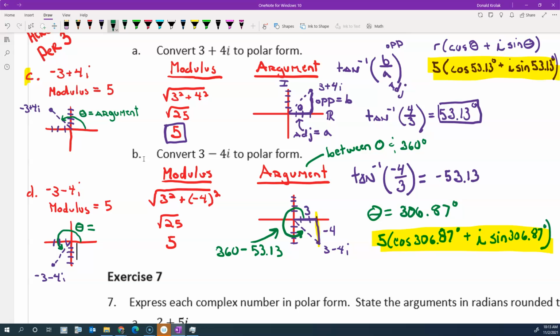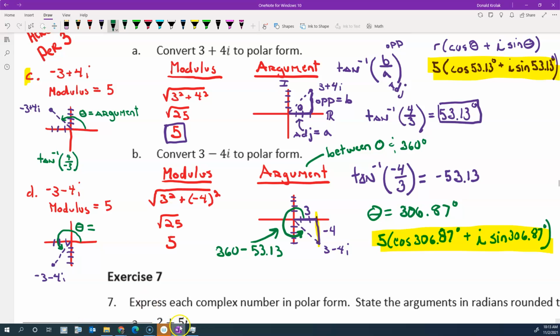All right, so if I did this one on my calculator, it would be the inverse tangent of B over A. So B is 4 and A is -3.